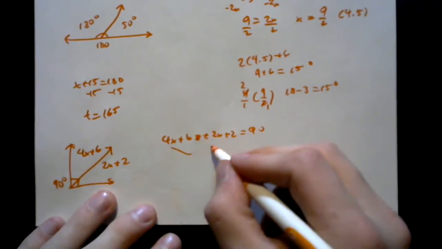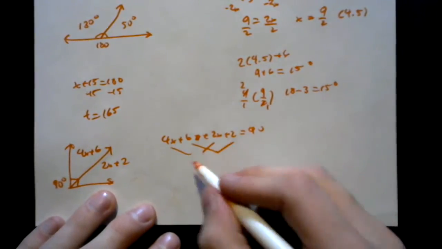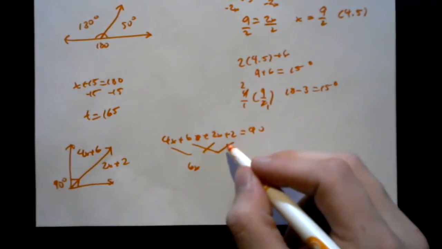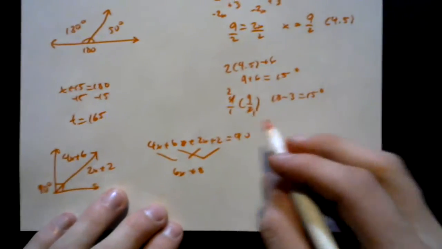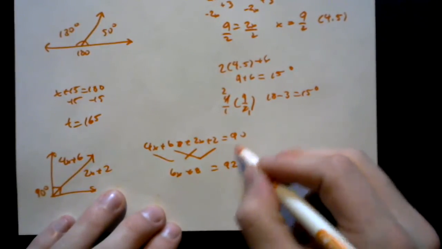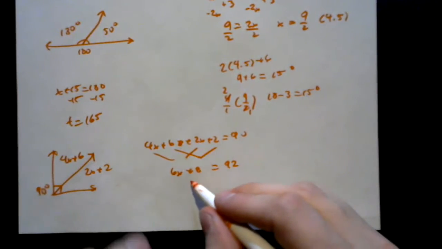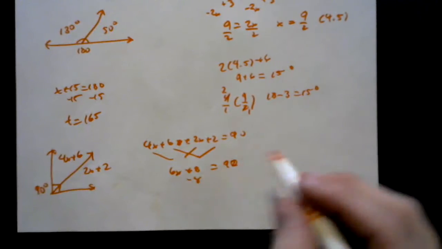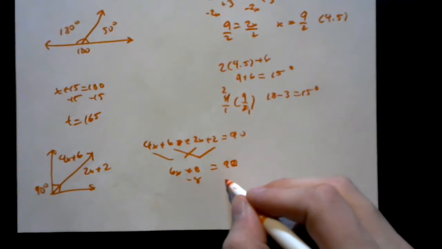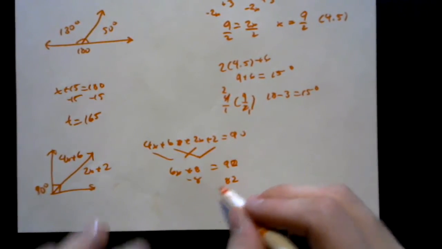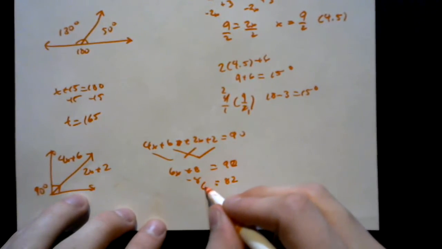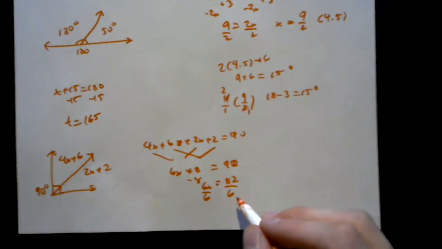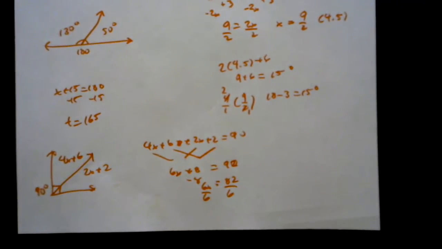So you can combine like terms. You got 4x and 2x, which is 6x, and 6 plus 2 is 8. And do 90 minus 8, which is 82, there we go, I was getting ahead of myself, equals 6x, divided by 6, which is probably going to be another decimal.